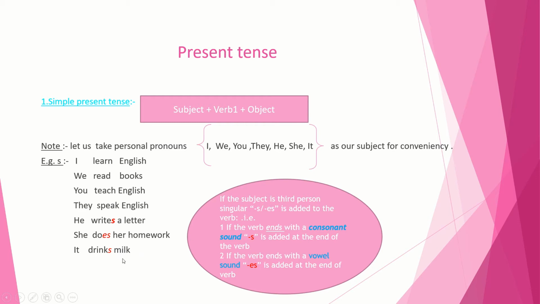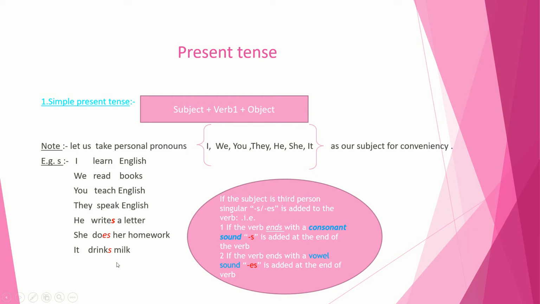So there is a little difference between the singulars and plurals. So for all these plurals, including first person singular, there is a V1 form or the singular verb. But in these third person singular examples, for the verb we have added s or es forms.